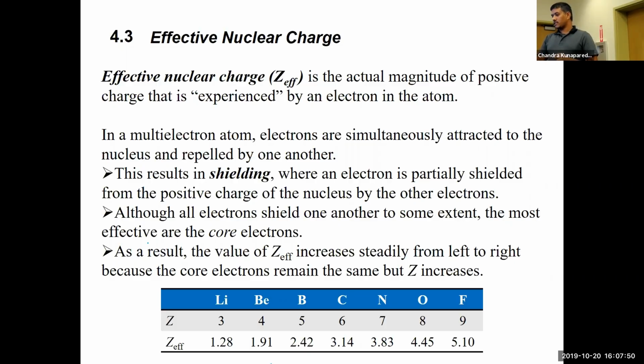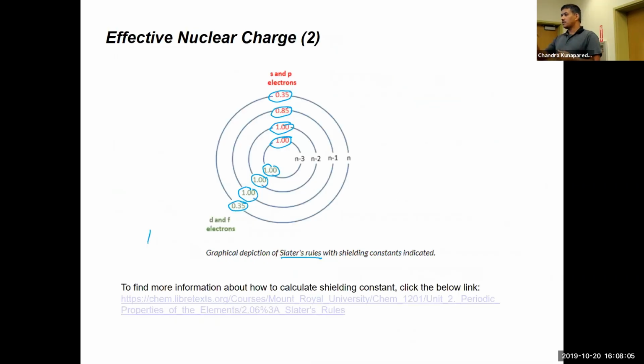So the trend in the periodic table is that from left to right, it increases. It increases because of Slater's rule that I showed you just two slides ago, which gives constant values to each shell. If you have a completely filled shell, it will give you a certain value.